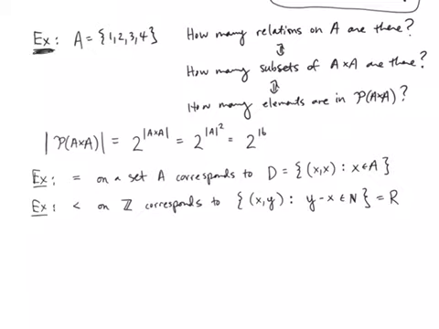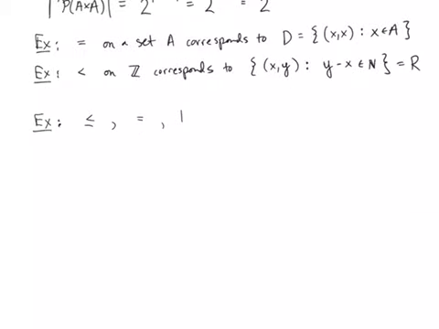So what we want to do is identify some special properties that the more familiar, more natural relations that we're used to have. So for example, if we think about less than or equal, equal, and divides, if we think about those three relations, they all have a special property.